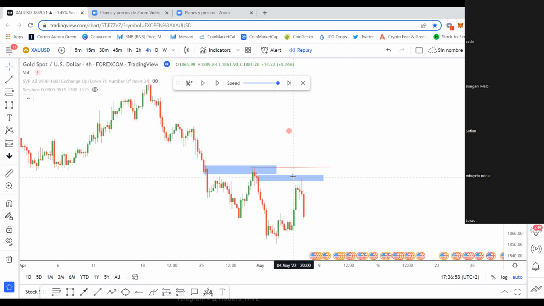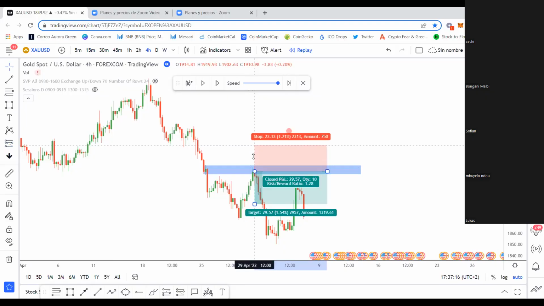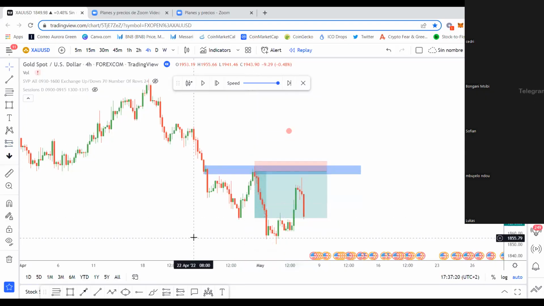Then the next step to identify a fresh supply zone is if it has been tested or not, okay? For example, this supply zone right here has already been tested, okay? It has already given the sell opportunity, right here, maybe targeting this low right there.